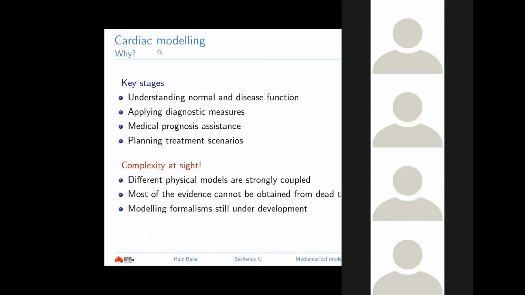They talk every day with physicians, they talk every day with clinicians to improve the way that we address medical sciences for the heart. So we can assist the medical prognosis, we can plan treatment scenarios and so on.